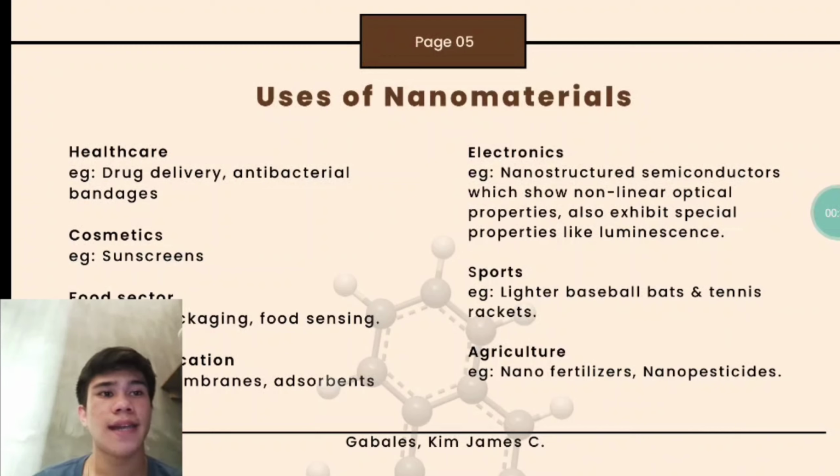Electronics, nanostructured semiconductors which show nonlinear optical properties also exhibit special properties like luminescence. So what is luminescence? Luminescence is an emission in the optical range of visible, ultraviolet, or infrared light. Sports, lighter baseball bats and tennis rackets. Agriculture, nano fertilizers and nano pesticides.